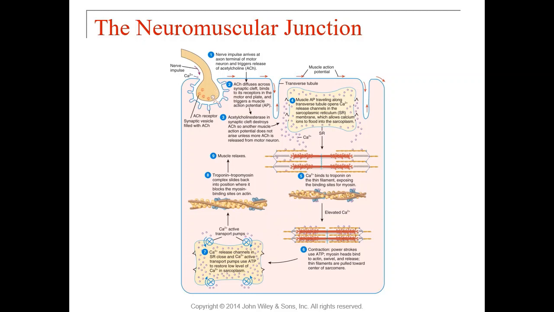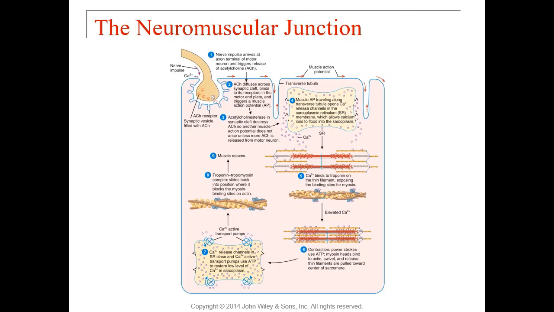This one slide shows us all the steps to our skeletal muscle contraction. Let's go through them all one more time, slowly. So the first step is that your action potential will arrive at the axon terminal, which will trigger the opening of voltage-gated calcium channels, and calcium will rush into the axon terminal, triggering the release of acetylcholine. That's step 1.